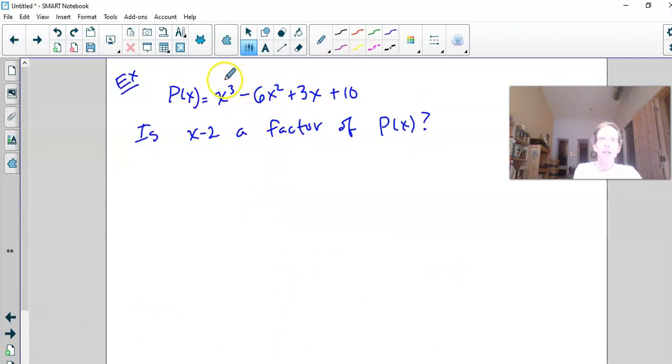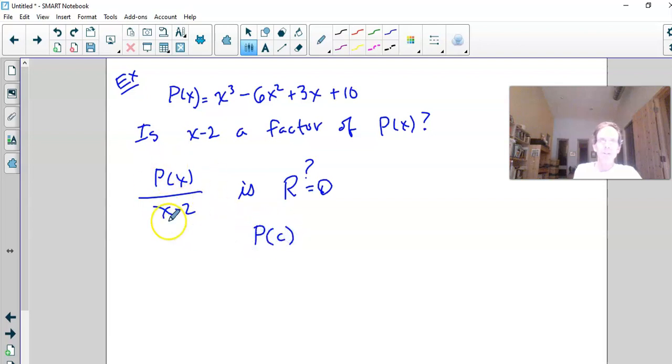We have a third degree polynomial, so we know there are 3 zeros. And it's asking, is x minus 2 a factor of p of x? So what we want to do is divide p of x by x minus 2 and see if the remainder equals 0. Now we could do this using the remainder theorem, which said that if you do this division, then the function value at this number will equal the remainder.